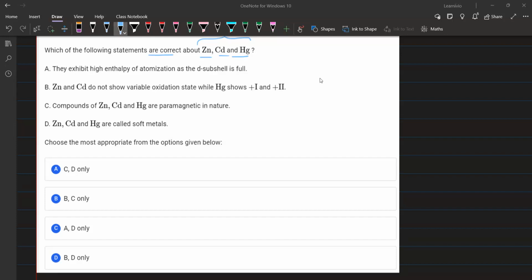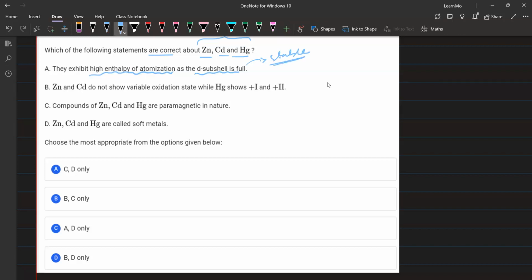Okay, Maria. So most of you have answered me now, so I'm explaining this. They exhibit high enthalpy of atomization as the d subshell is full. Now, the thing to understand here is, if the d subshell is full, that means it will be stable.